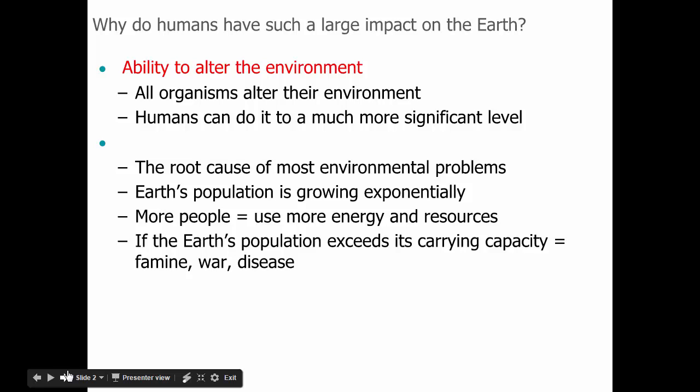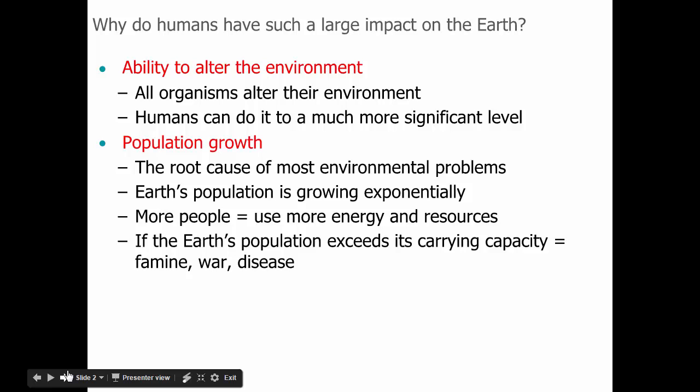We can basically take any ecosystem and transform it completely. Think about Arizona or Las Vegas. We put a city of millions of people in the middle of a desert where there really should be no city. There should be a relatively low number of people able to survive in that, but because we can transform an ecosystem, we can transform it into something that is hospitable to humans. That takes a lot of resources.